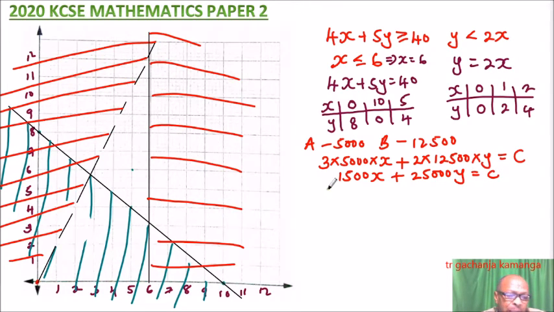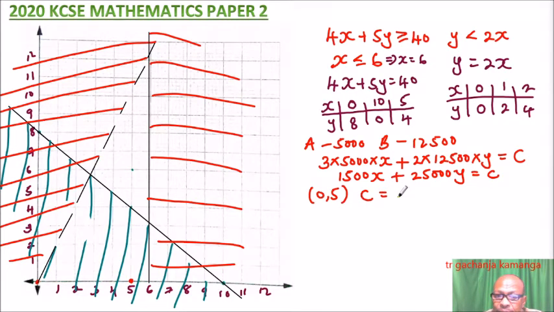Now we take one point which is near the minimum point, on the lower side. For convenience, we take a point like (0, 5). So X is 0, Y is 5.